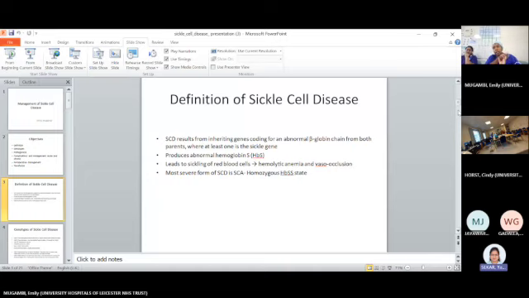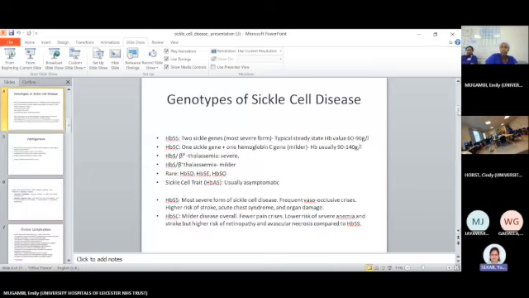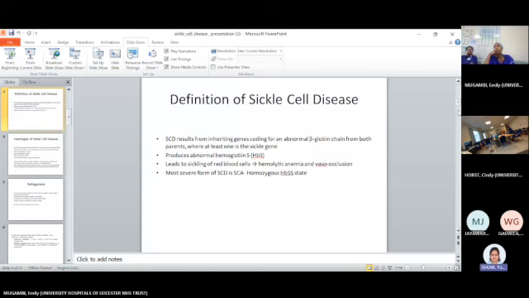What a sickle gene means is that it's a substitution of valine for glutamic acid at position 6 of chromosome 11, which codes for the beta globin, resulting in what we call HbS. HbS is quite a hydrophobic hemoglobin that in low oxygen states results in polymerization.